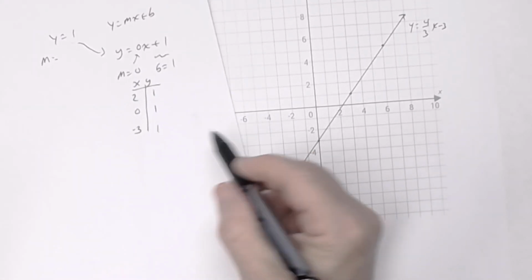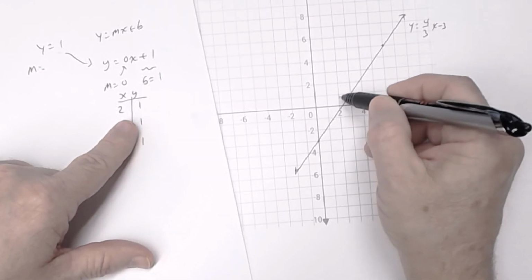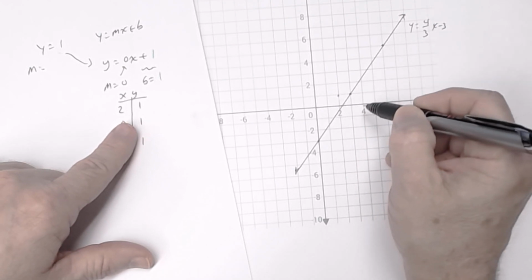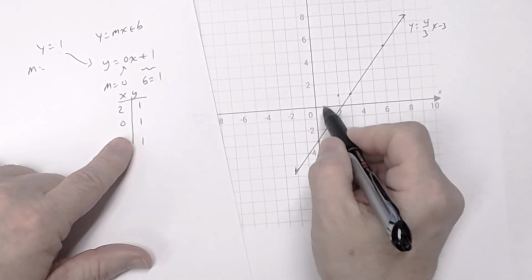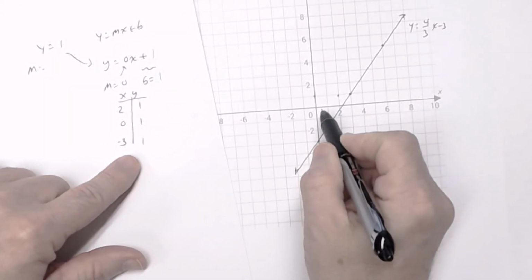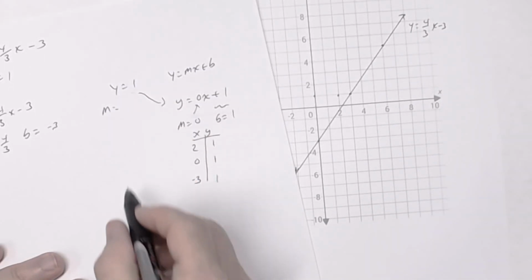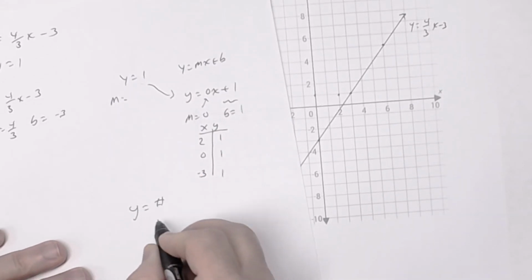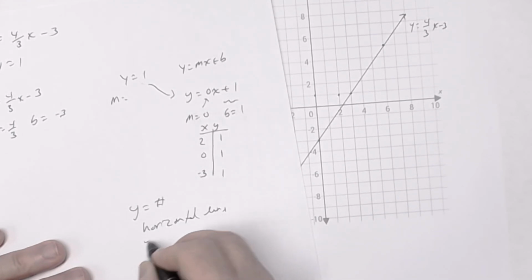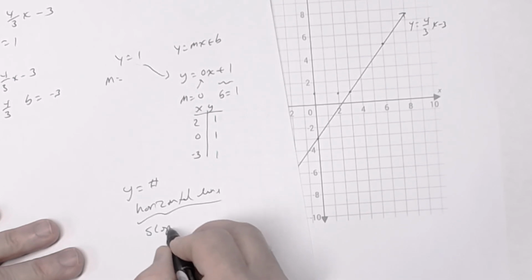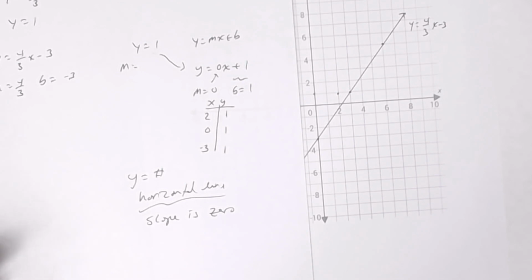I get 2, 1. I get 0, 1. I get negative 3, 1, which is here. So y equals a number is a horizontal line, and the slope of a horizontal line is always 0. All horizontal lines have slope 0.